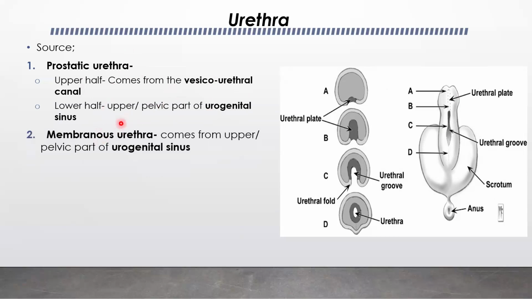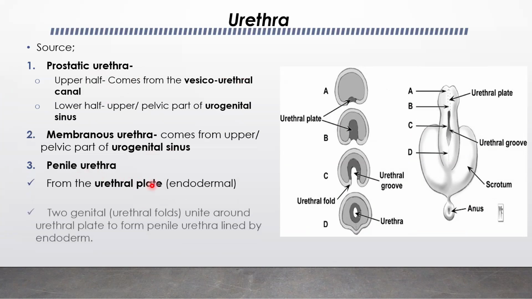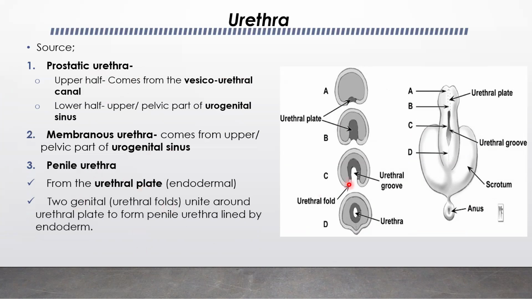What about the membranous urethra? The membranous urethra comes from the upper parts of the pelvic part of the urogenital sinus. So some part of the prostatic urethra and the membranous urethra will come from the urogenital sinus, and the proximal part of the prostatic urethra will come from the vesicle urethral canal. The penile urethra, as we talked about, is endodermal in origin, from the urethral plate, this urethral plate here.